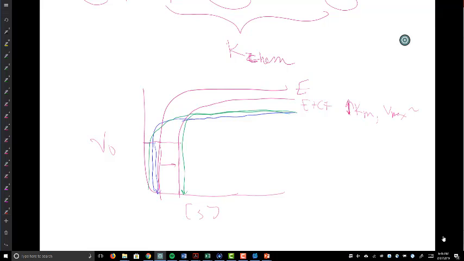So it really depends on how you think about it, because you could say either the inhibitor decreases the Km, or you could say the Km of the uninhibited enzyme is larger than the Km of the inhibited enzyme.